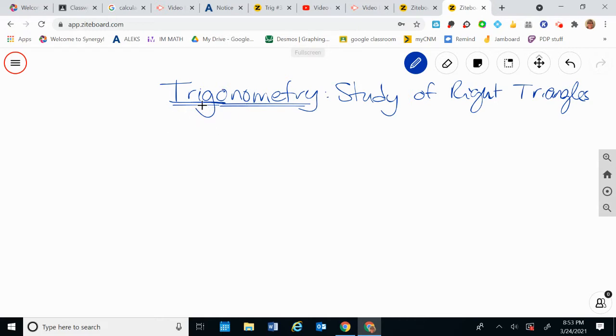Okay. So trigonometry is the study of right triangles, and this is where it comes from. What's cool about right triangles is that it's very easy to make similar triangles.